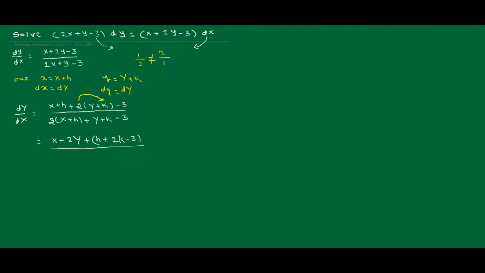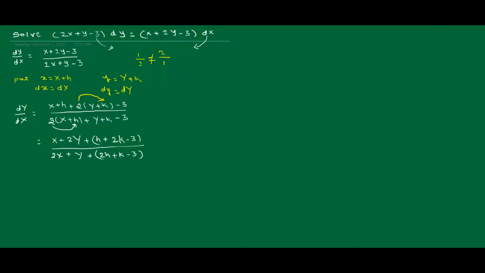Divided by, next in the denominator, first the X term, that is 2 into X, 2X, plus this Y as it is, and then write down the remaining terms: 2 into h is 2h, plus k, minus 3.